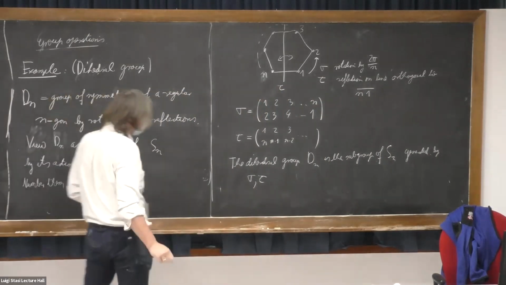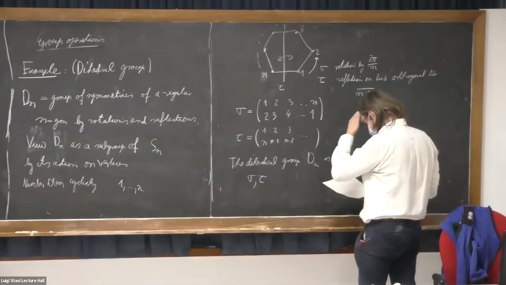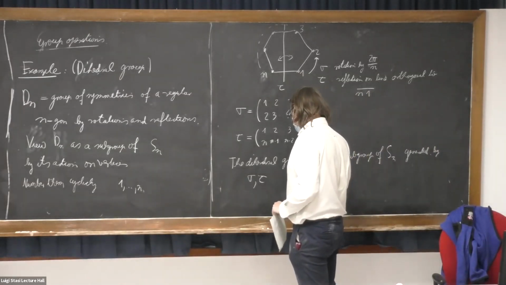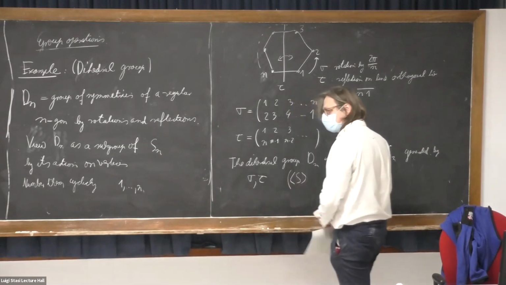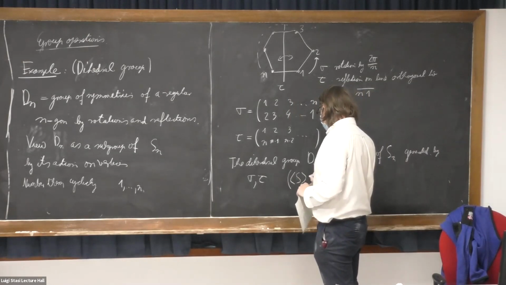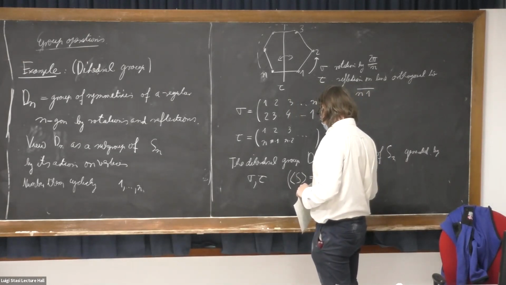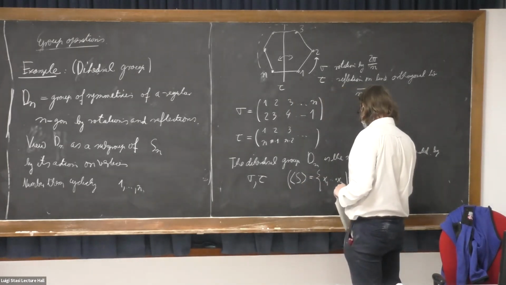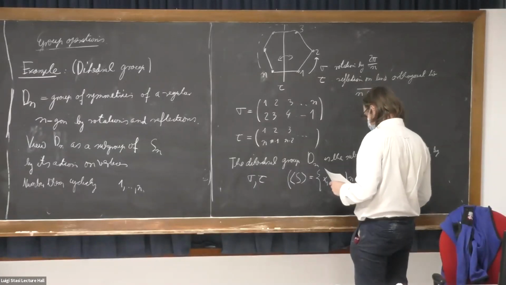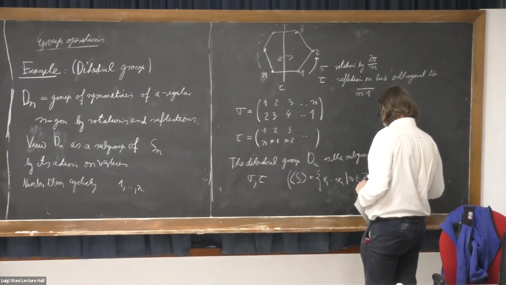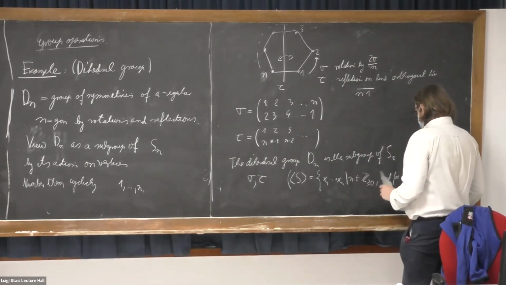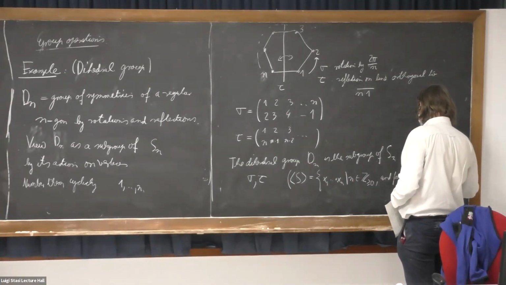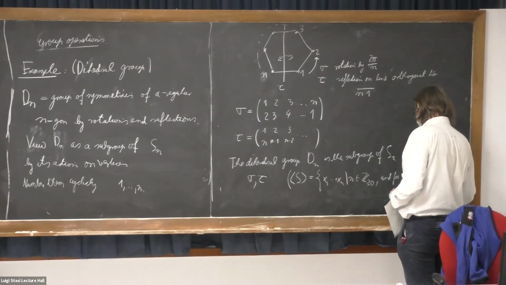Now recall that the subgroup generated by some set S was the set of all products x_1 times up to x_k, with k a non-negative integer, and for all i, we have that x_i is an element in S or x_i to the minus 1.